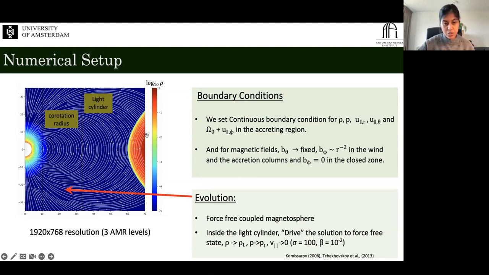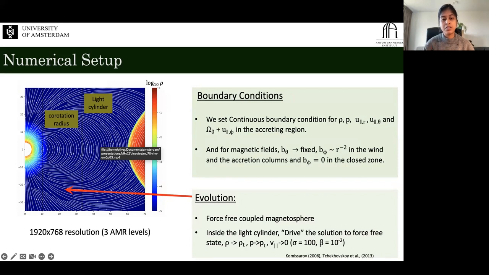And once the accretion fluid starts coming in, we modify the solution. So what we do here is initialize a tracer. The disk has a tracer value of 1, and all the other regions have a tracer value of 0. And as the disk starts coming inside the light cylinder radius, we add the solution depending on the weights of the tracer.